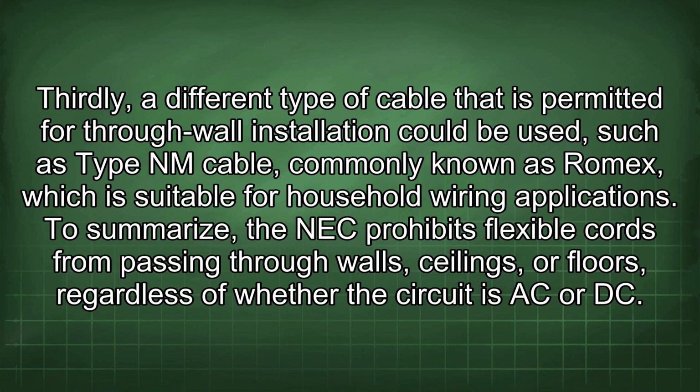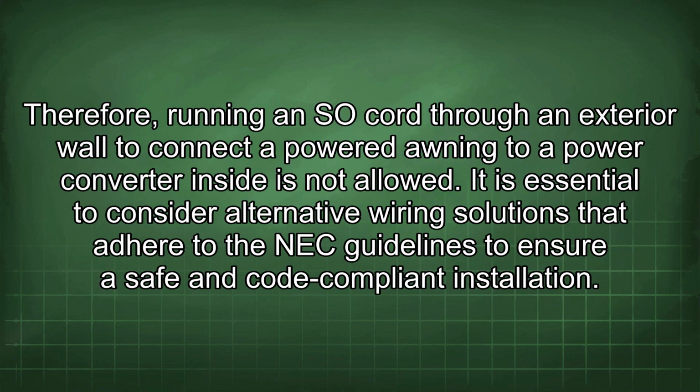To summarize, the NEC prohibits flexible cords from passing through walls, ceilings, or floors, regardless of whether the circuit is AC or DC. Therefore, running an SO cord through an exterior wall to connect a powered awning to a power converter inside is not allowed. It is essential to consider alternative wiring solutions that adhere to the NEC guidelines to ensure a safe and code-compliant installation.